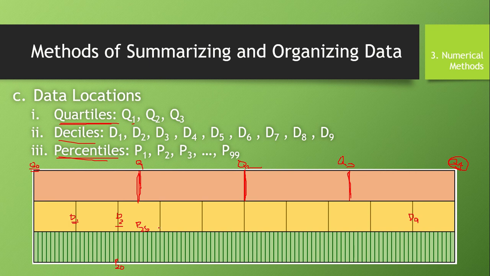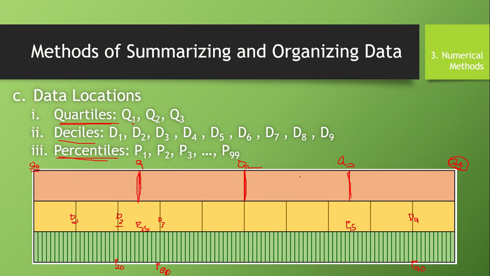Then our D3 is equivalent to the 30th percentile. Same with the other, our Q3 is equivalent to P75. Our D9 is equivalent to P sub 90.